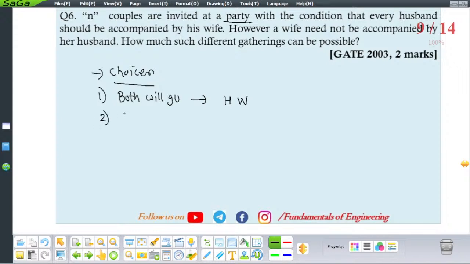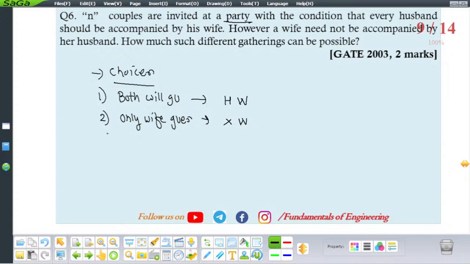Second possible choice is that only the wife goes. This means the wife need not be accompanied by her husband. So the wife can go, but it is not a condition that her husband goes. So for H, the husband, I will mark a cross, and for the wife, a tick.